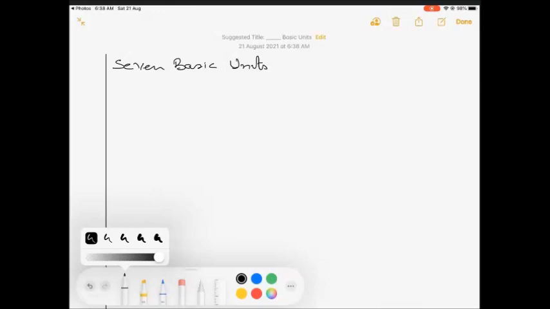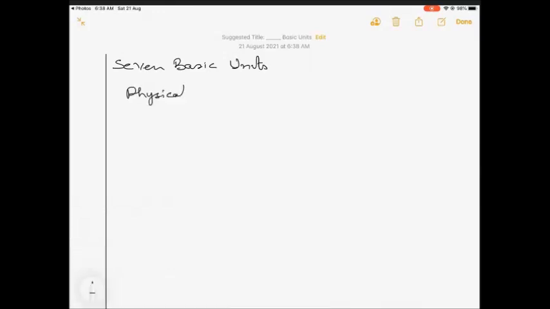So you can make a small table here for better understanding. We'll write: physical quantity, then symbol for quantity, then symbol of SI unit.